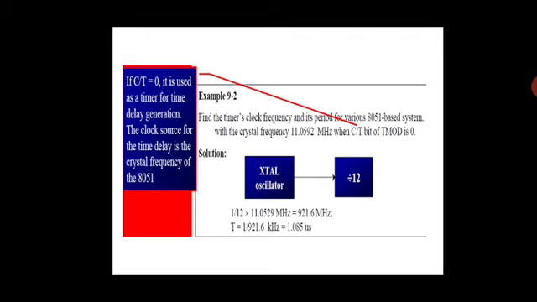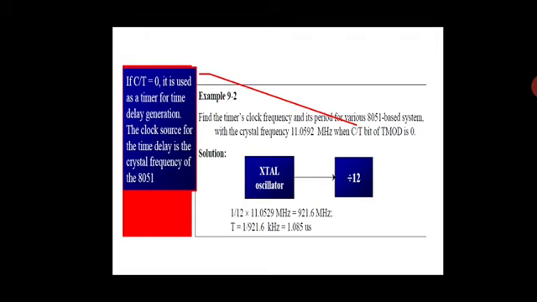Now this is one more example we'll see. I told you that the crystal frequency is fixed, we can't change it, and it will always be divided by 12, so 1/12 of the frequency is available. Now find the timer's clock frequency and its period for an 8051-based system with a crystal frequency of 11.0592 megahertz.